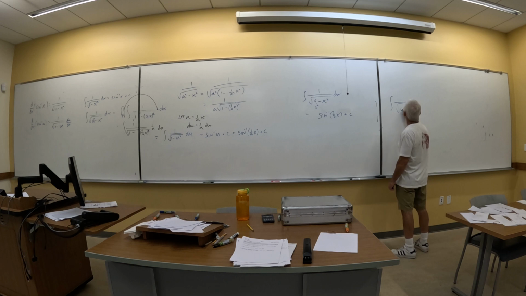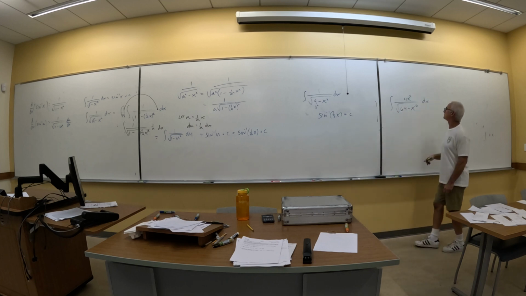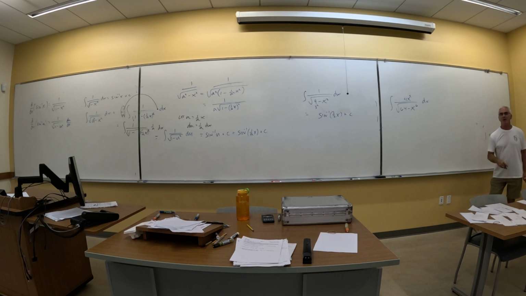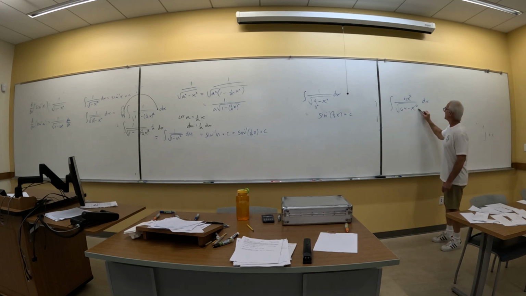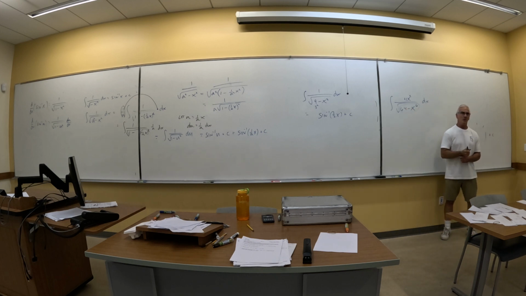Let's say we have 64 minus x to the 6th under the root, and on top I have 4x squared dx. Now look at this, the whole thing. If that were my u, then I would need an x to what power on top if that whole thing was my u?